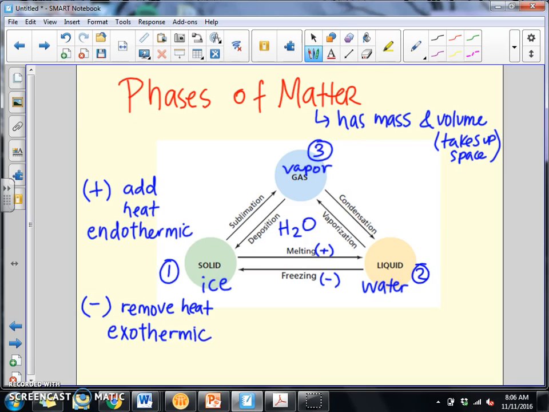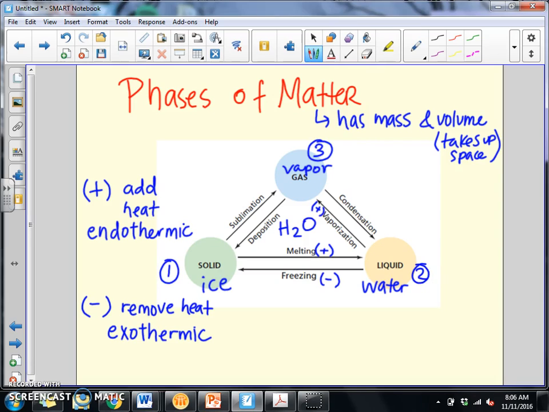So then we have the question, okay? When liquid becomes a gas, that's vaporization. Now, you know that liquid doesn't just turn into a gas. You put the water on the stove, you turn on the heat, and heat goes into it, which means it's going to be endothermic.